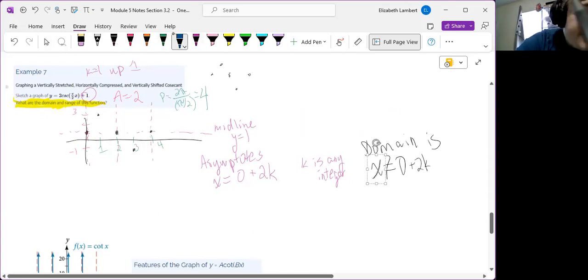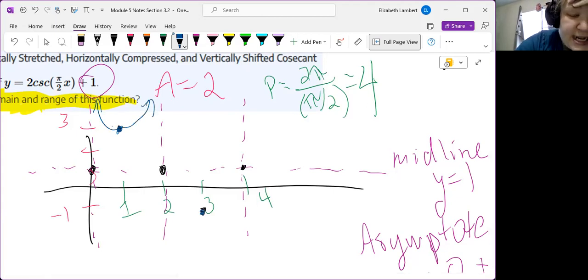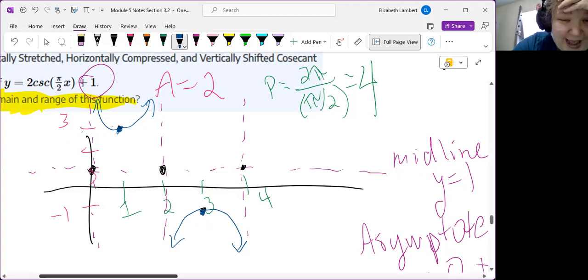Now our cosecant graph, zoom back in here. We'll go through this point at 3, and then it'll go hug the asymptotes. It'll go down here at x equals 3, y equals -1, and go down and hug the asymptotes. So our range on the upper half of the graph, the lowest we get is 3. On the bottom half of the graph, the highest we get is -1.